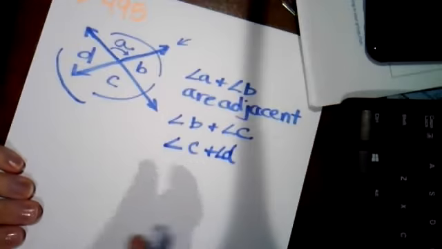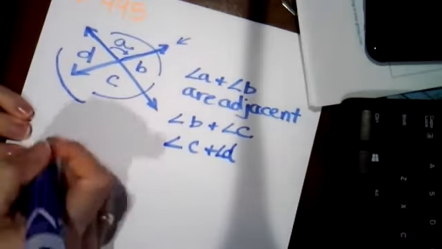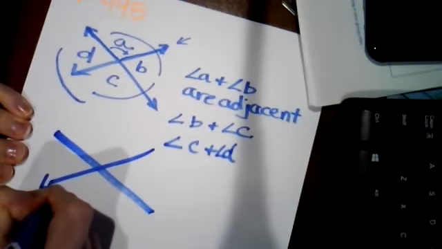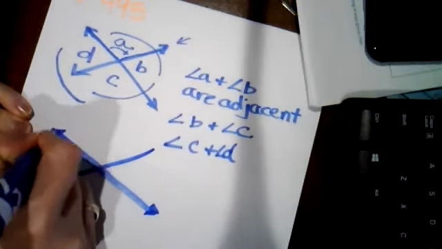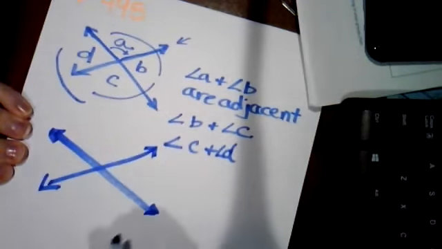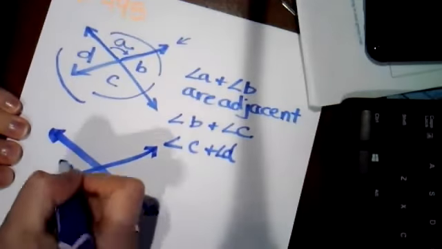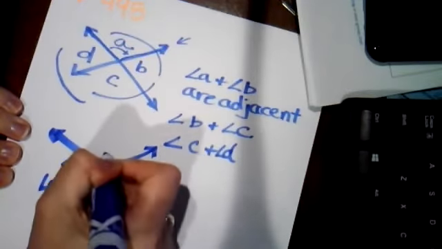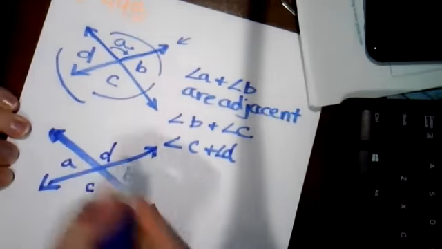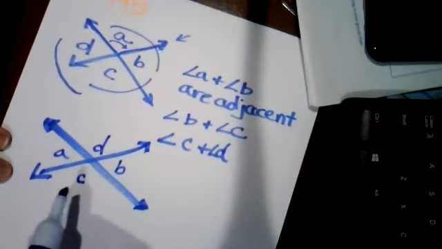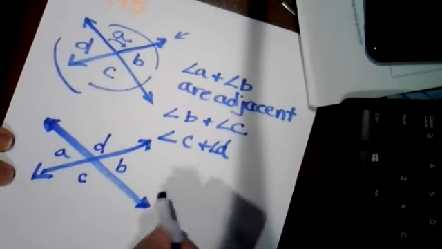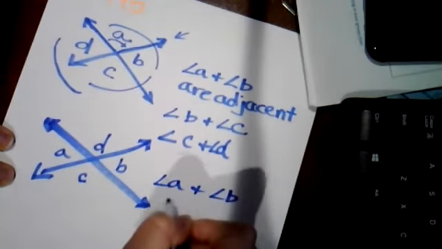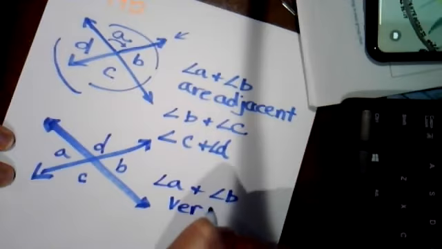Now on number 18, you would have had to read the lesson, and I believe this was gone over in Khan Academy also, but vertical angles, let me label my angles again, okay? And I don't know why I did them in that order. It doesn't really matter. But angle A and angle B are called vertical angles.